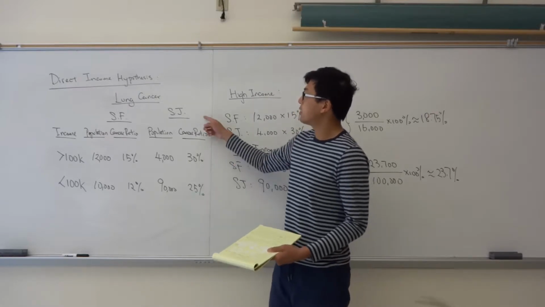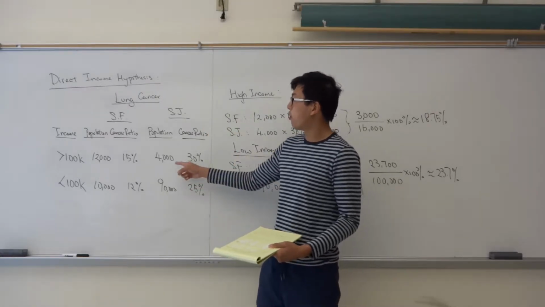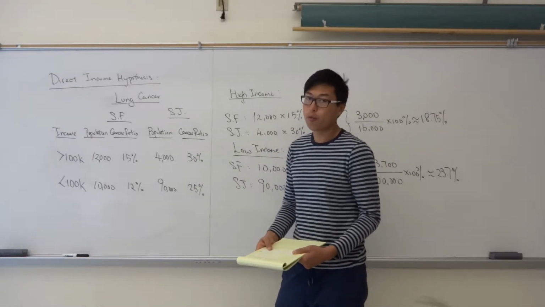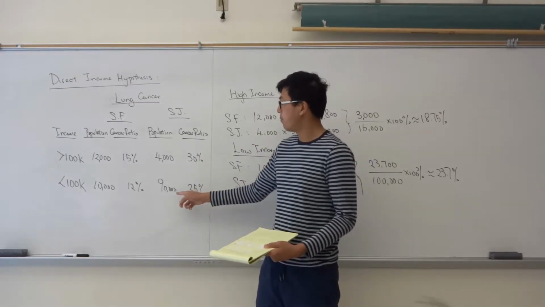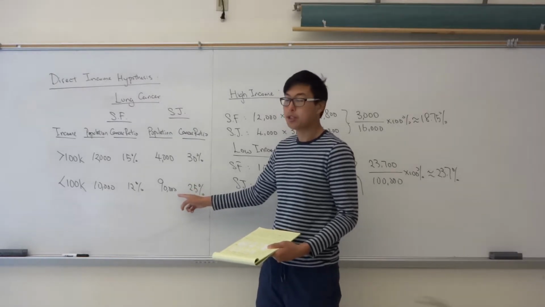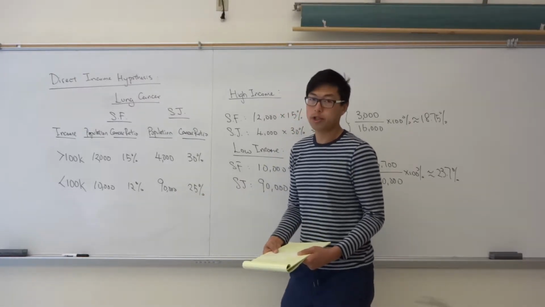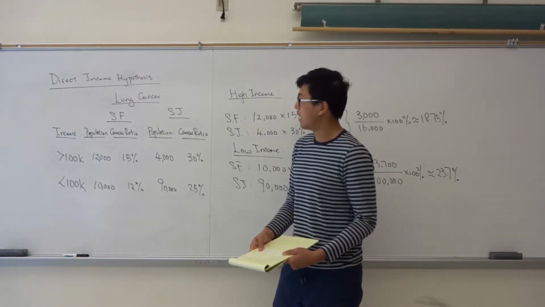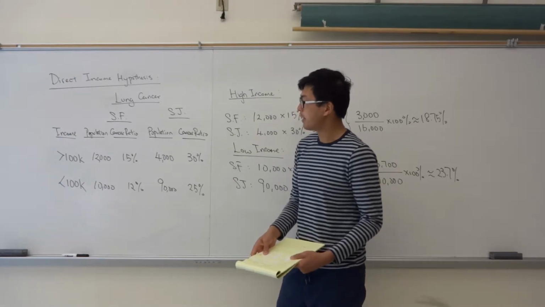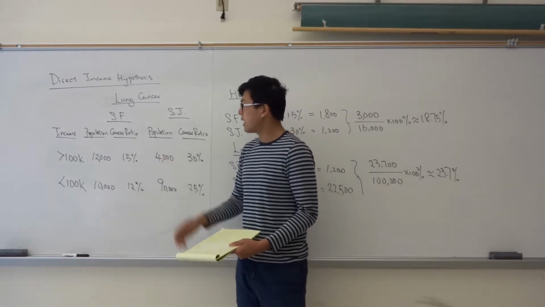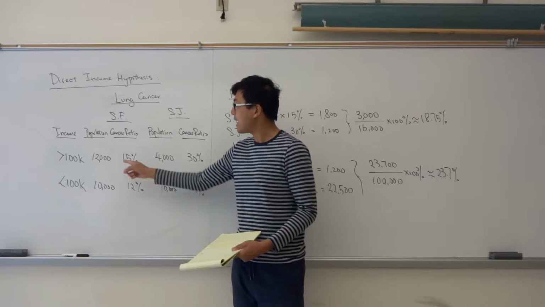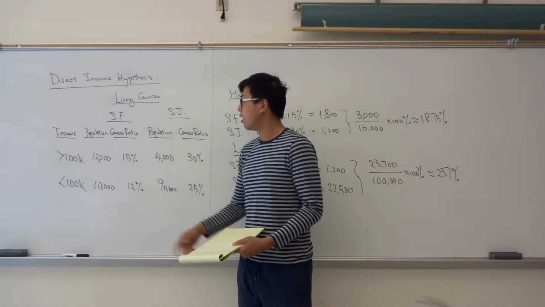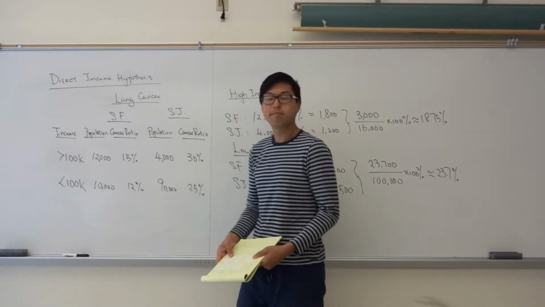On the other hand, in San Jose, there are about 4,000 people that earn an income over 100K a year, and about 90,000 people who earn less than 100K. We are trying to take a look at some of these hypothetical data here. So the cancer ratio in San Francisco for the high income population is about 15% out of the 12,000 people.